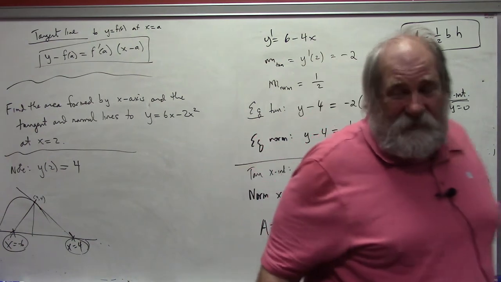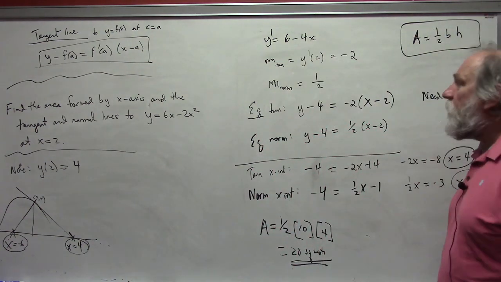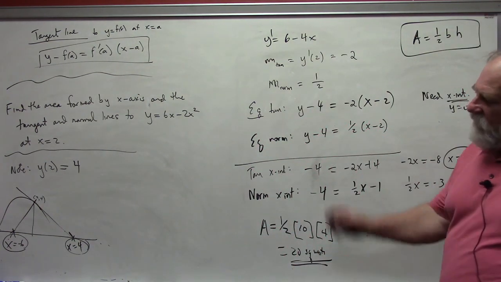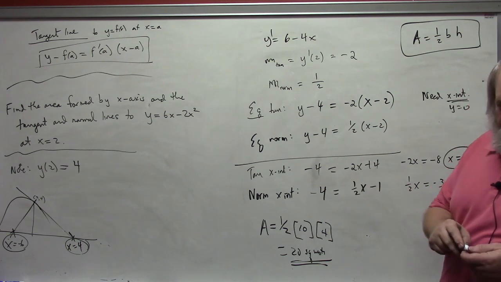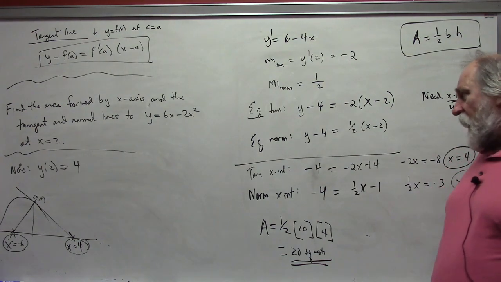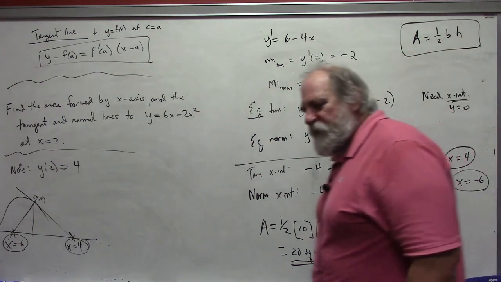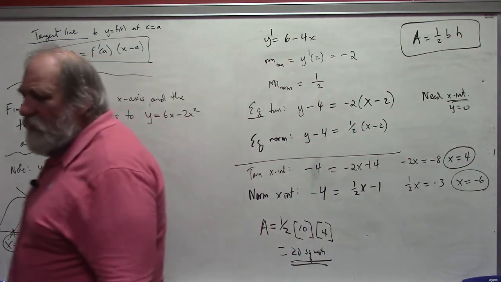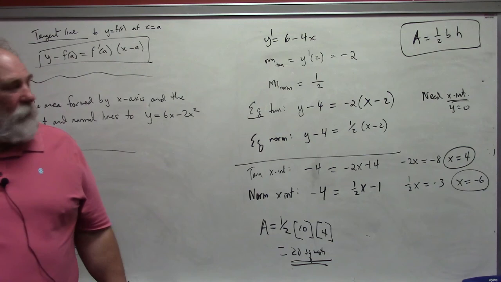And again, we are using the normal and tangent lines to get this particular area. Okay? So there are lots of applications we can use that involve normal and tangent lines.